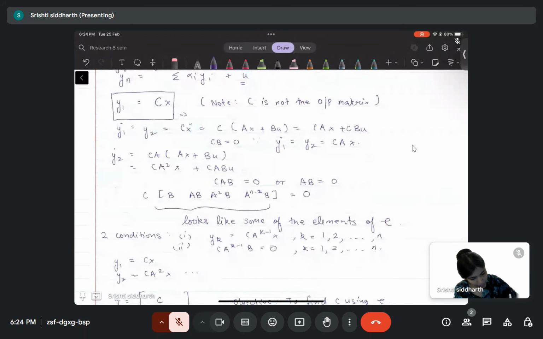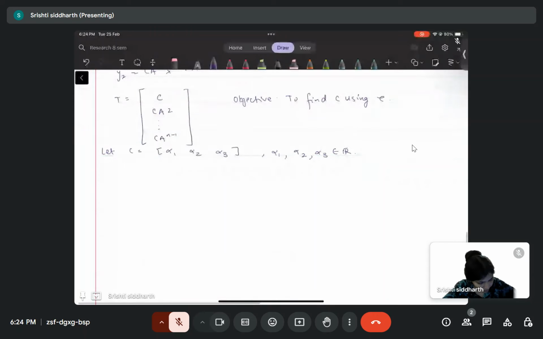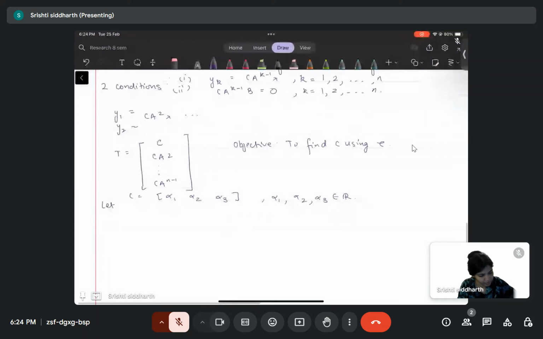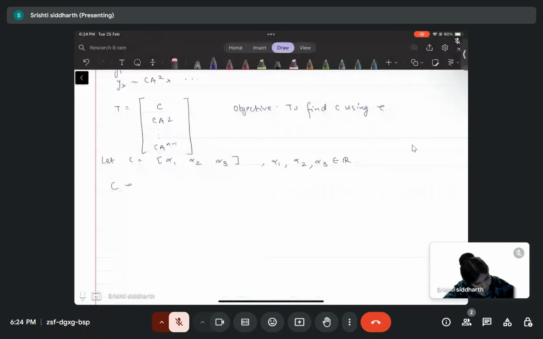So we know that C times B should be 0, or C times the first column of the controllability matrix should be 0. This implies we have alpha 1, alpha 2, alpha 3 times the first column of the controllability matrix, that is 1, 0, 0, should be 0, which simply implies that alpha 1 should be 0.